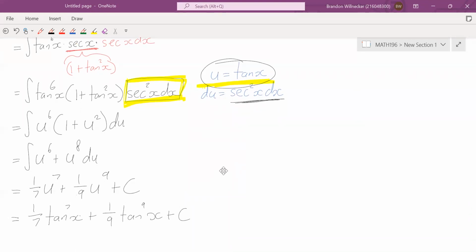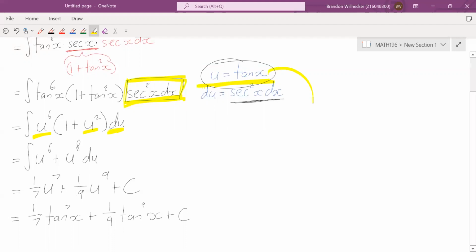So tan to the 6x becomes U to the 6, tan squared becomes U squared, and sec squared x dx just becomes du. Once you've changed everything in terms of U, you just integrate in terms of U, and then we get our answer in terms of U. Then we need to remember to go back to x terms.